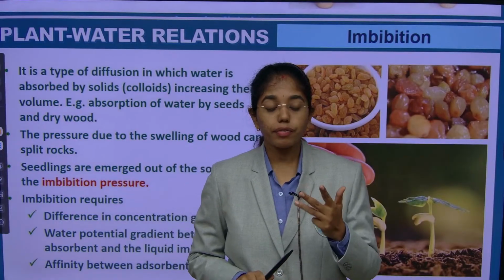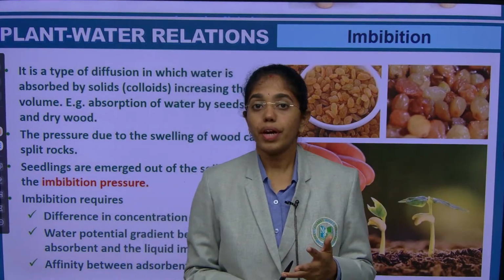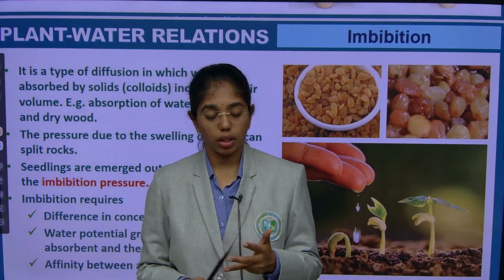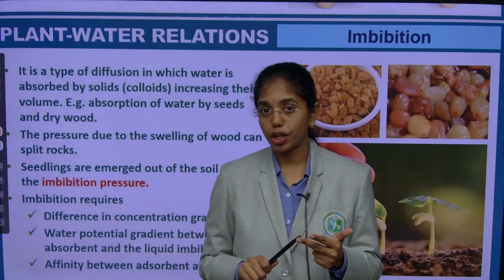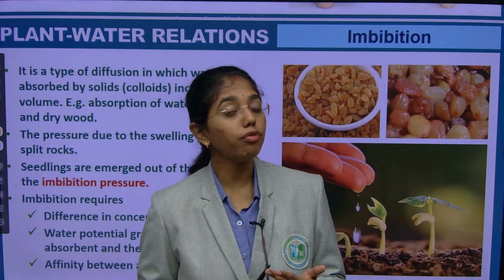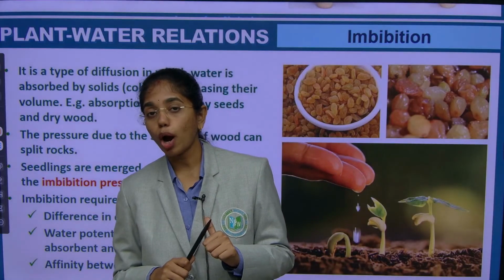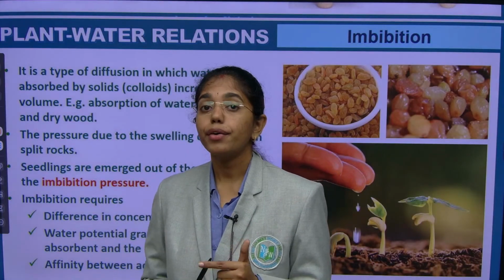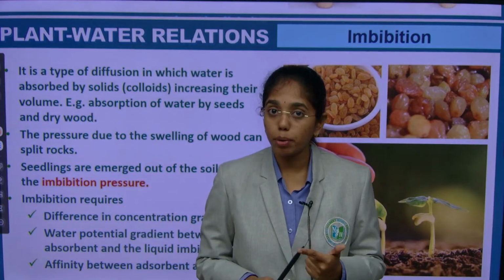After which we moved on to plant water relations, where we dealt clearly with water potential, pressure potential and solute potential. Then we looked at a few experiments like the potato osmometer to derive osmotic pressure and osmotic potential.